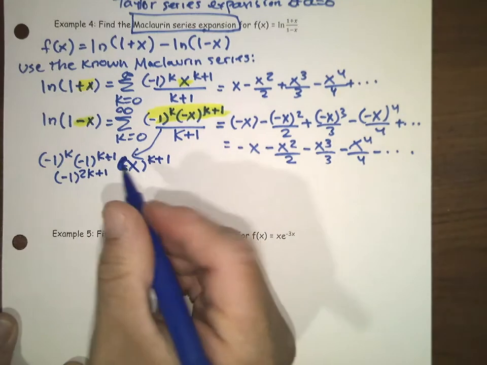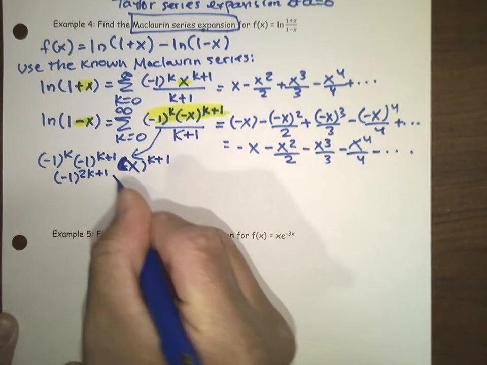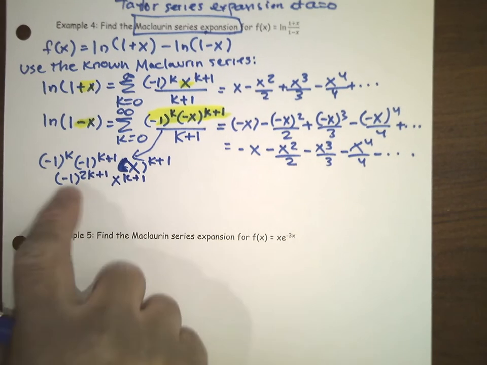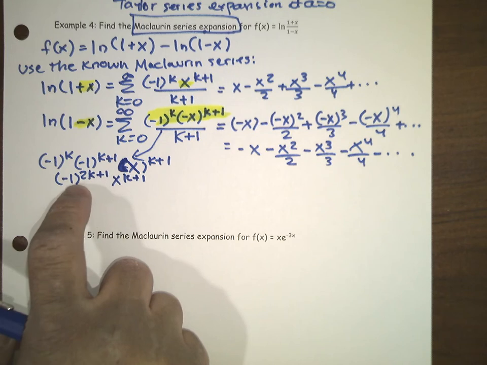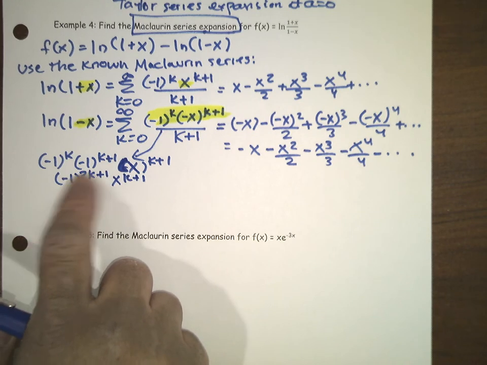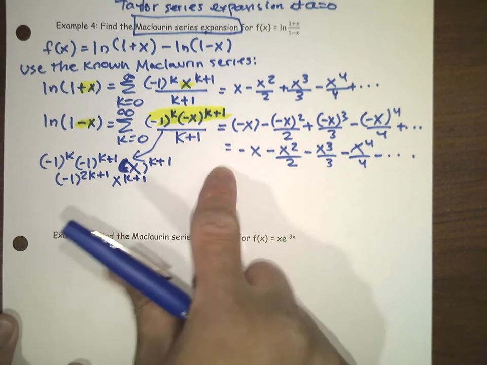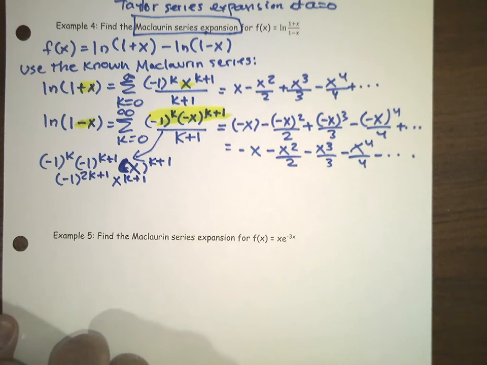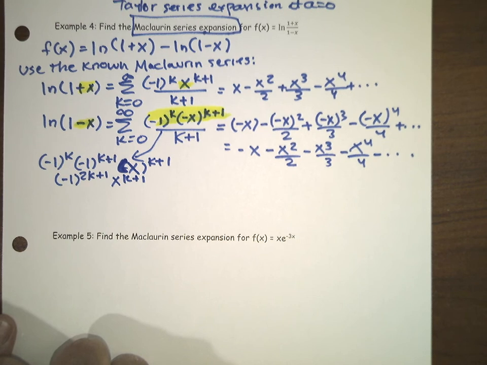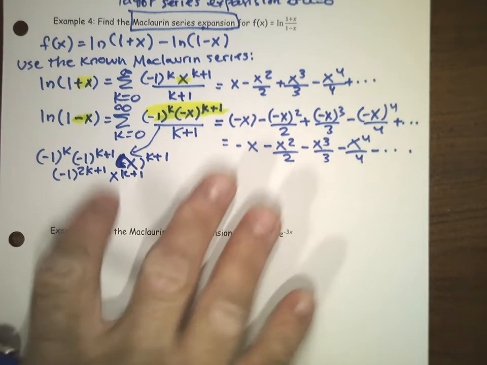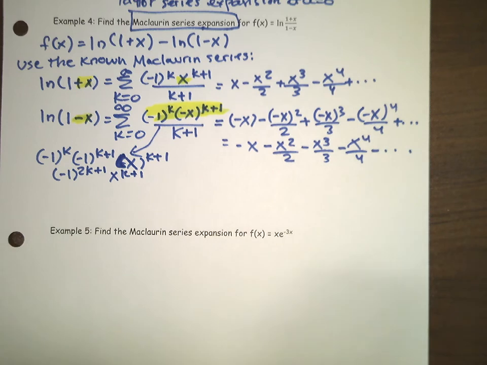And so that means that this exponent on the negative 1 is always odd, which means that all of these would end up being negative here. All right, so just try to remember that's why these all end up being negative here.